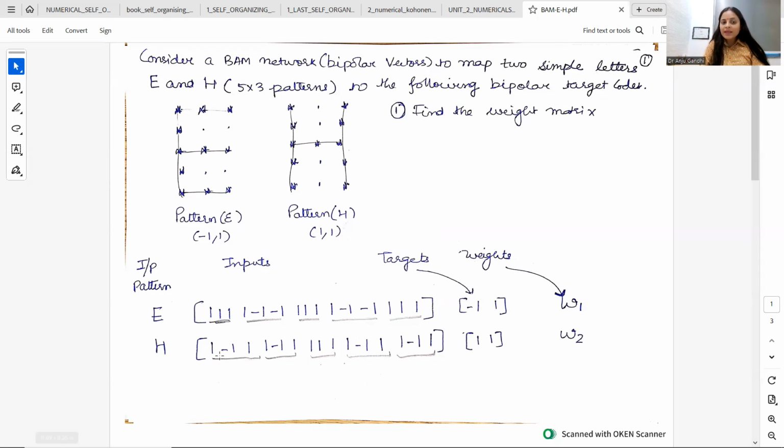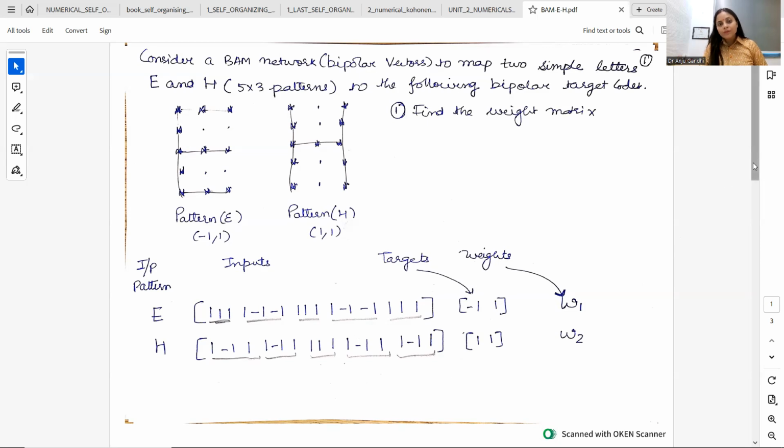We get it the same way, as the asterisks and dots form the combination in the pattern. This is the target code for the alphabet H. Again we have to find the weight for the pattern H.